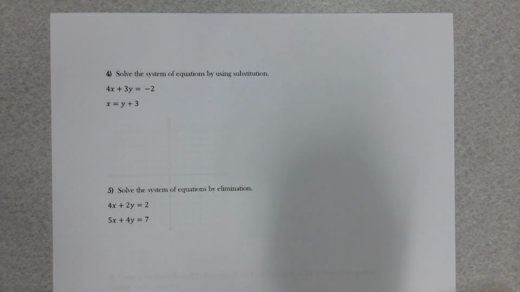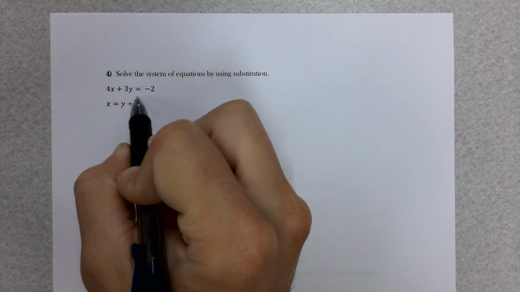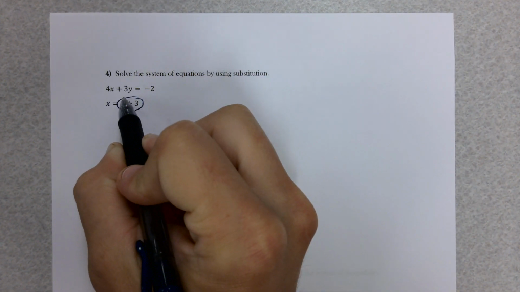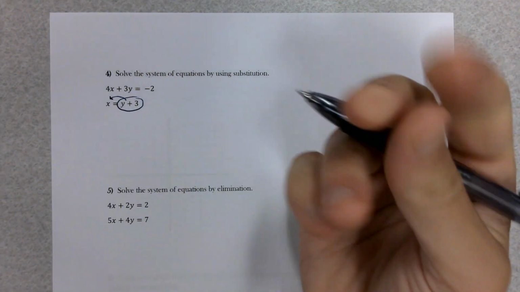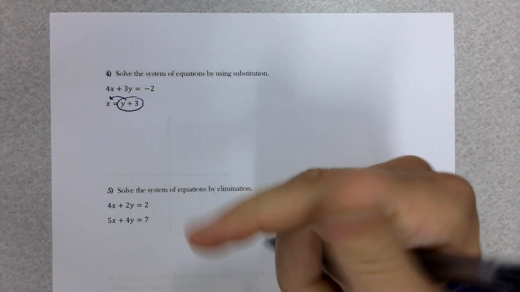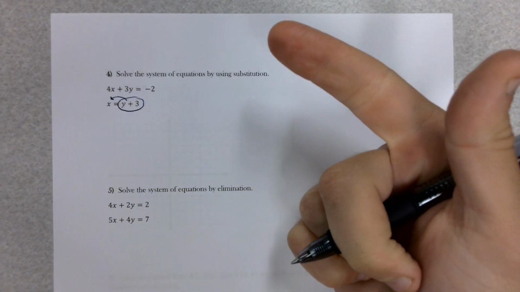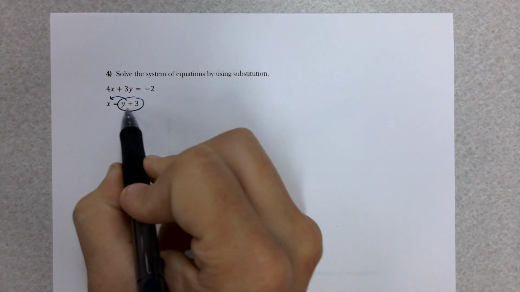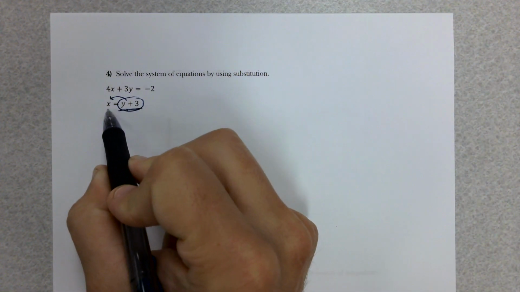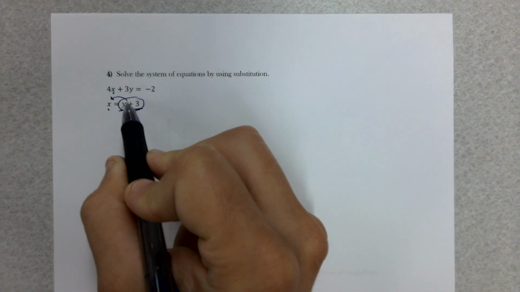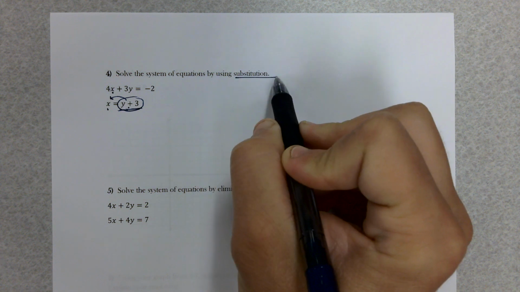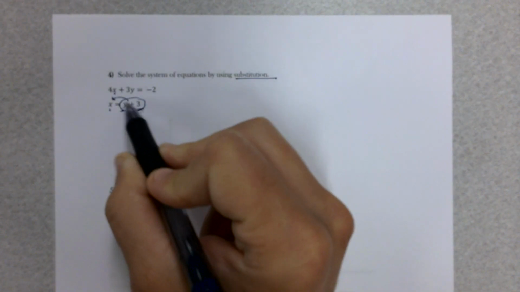In order to make a substitution in math, you need to have everything equal to one value. And then if I find that value in my other equation, I can substitute it in. For example, y plus 3 is the same thing as x. So wherever I see an x, I can replace it, I can substitute it with y plus 3.